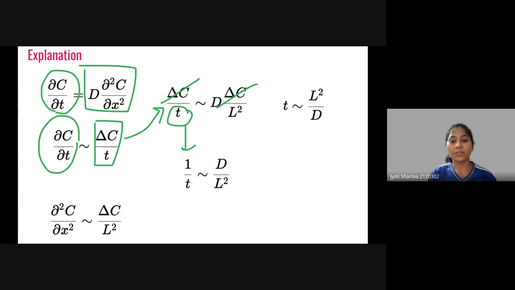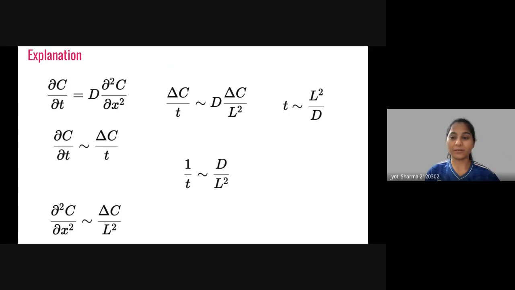So it means your T is directly proportional to L square upon D, and this was asked in the question. You have to consider a little derivatives.